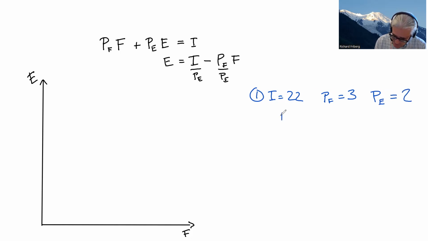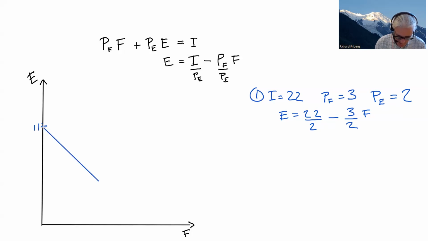So the budget constraint will in that case be given by E equals 22, that's the income, over 2, the price of entertainment, minus the price of food, 3, over the price of entertainment, which is 2, times F. This is how much entertainment you can purchase depending on the amount of F. 22 over 2 is 11, so that's the intercept.